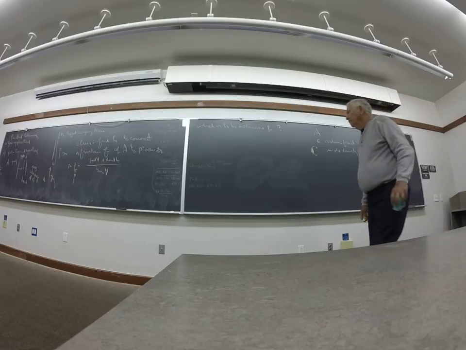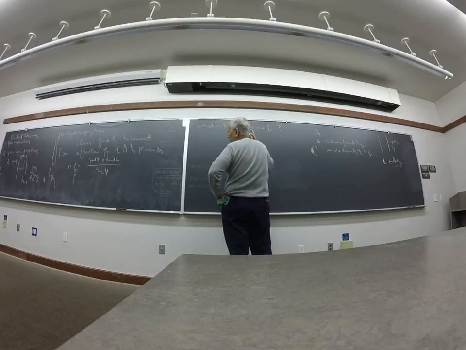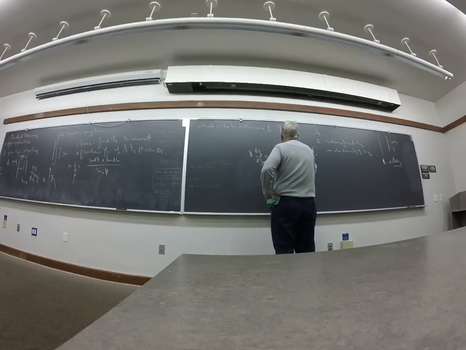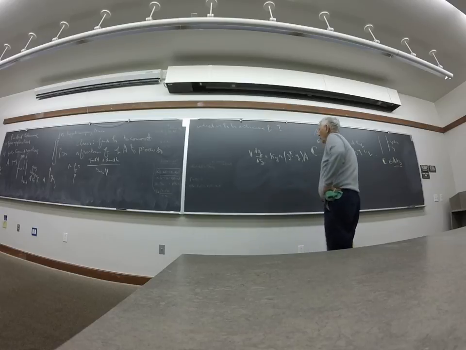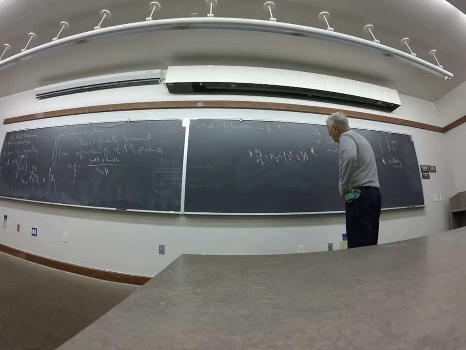So we begin. V, we'll assume dilute, of course. V dy/dz equals ky a (y star minus y) times A. That's the cross-sectional area, as always. All these symbols are as always.